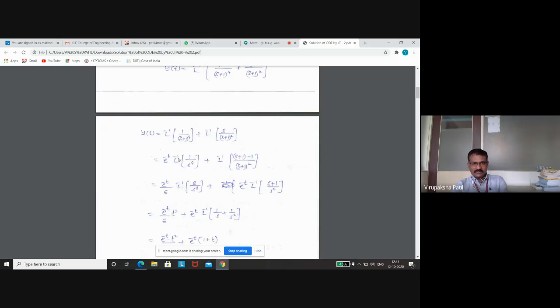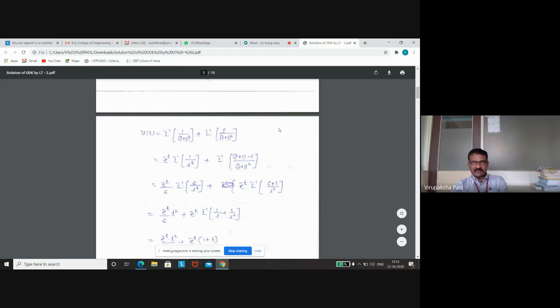L inverse of 1 divided by s raised to n plus 1 can be written as t raised to n divided by n factorial. It is a writing mistake, don't worry. Here n plus 1 is equal to 4, so n is equal to 3.